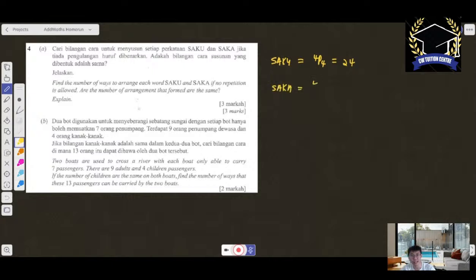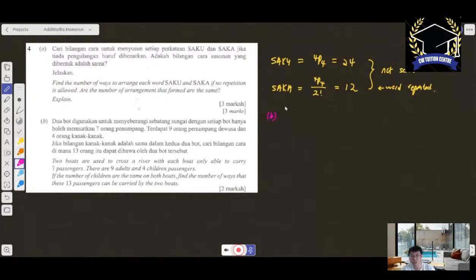You can see that there are two letters the same, 4P4, and A is repeated, so divide by 2 factorial, you get 12. So you see, is the number of arrangements formed the same? They are not the same. Why? Because in the second one, there is a repeated letter, so you have to divide by 2 factorial.